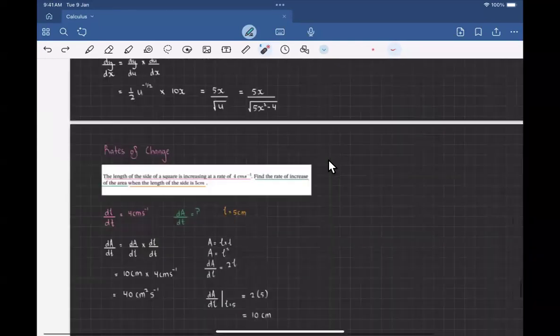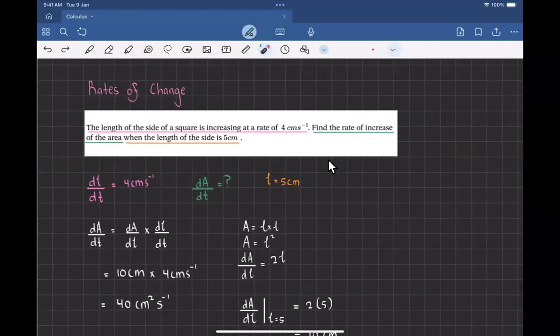So I want you to identify the general steps. If you have a question like this, they usually come the same way. So try to identify the steps to me. How did I do this question? What was the first thing I identified?